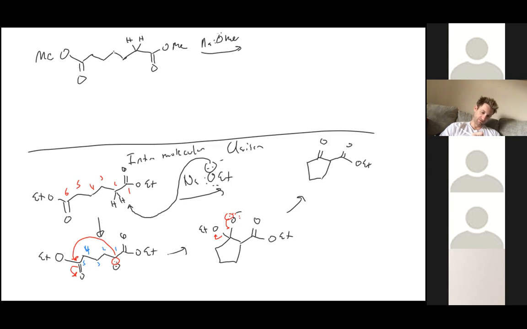Let's call this carbon 6 here. Six is going to attack 1, giving us a 6-membered ring, plus this methyl ester still on here.